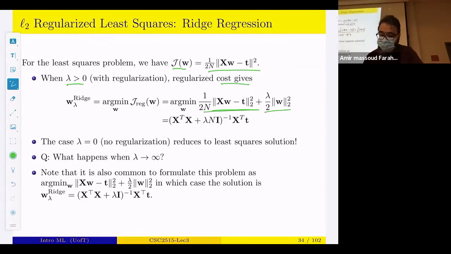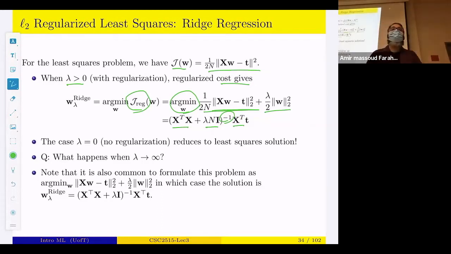This whole thing becomes the regularized cost. If we solve for the minimum, we get something like X transpose X plus lambda n I, n times the number of data points, I is the identity matrix, the whole thing inverted, times X transpose T, the target values.